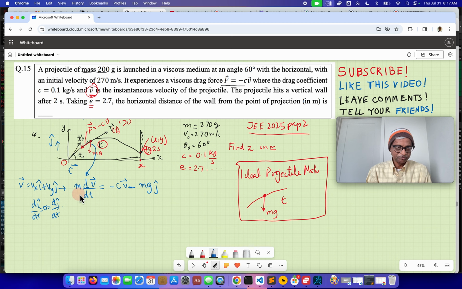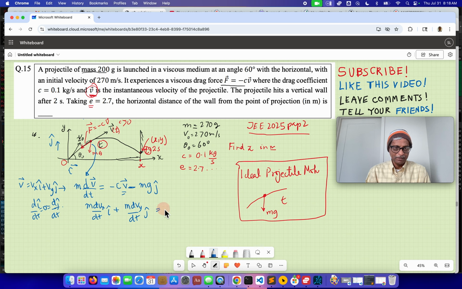So we can separate this: m dvx/dt i hat plus m dvy/dt j hat, and there will be x and y components of this.